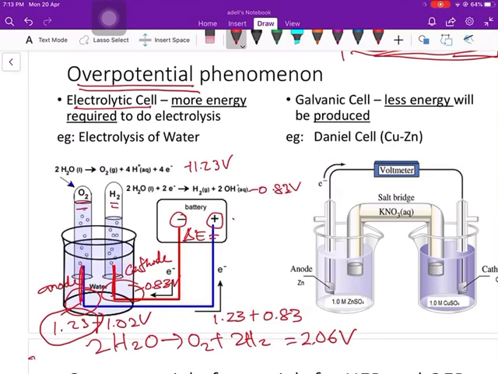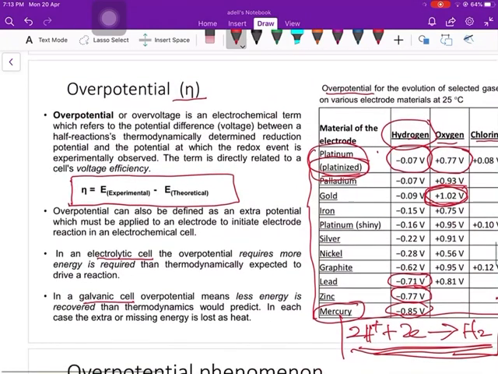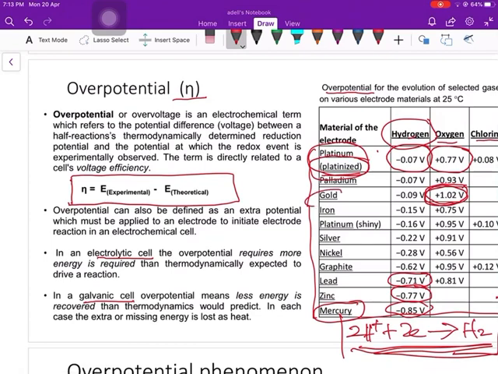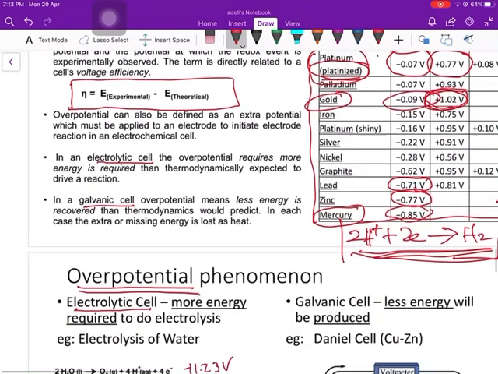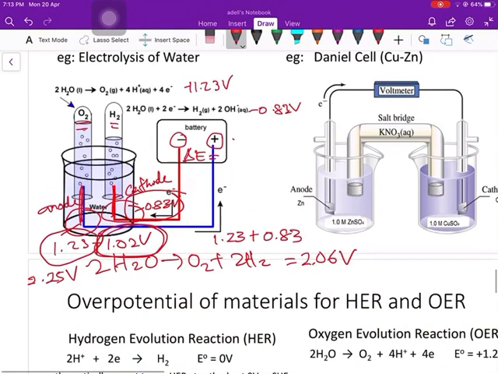So for the anode it is 2.25 volt because of this overpotential on the gold surface. For hydrogen, if you use gold electrodes, you must add an extra 0.09 volt.